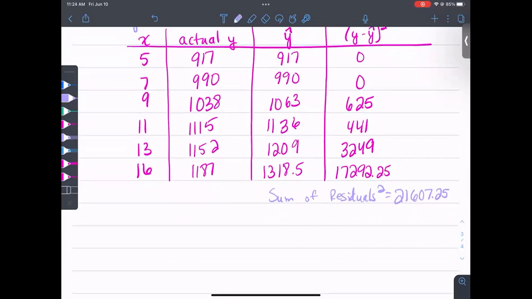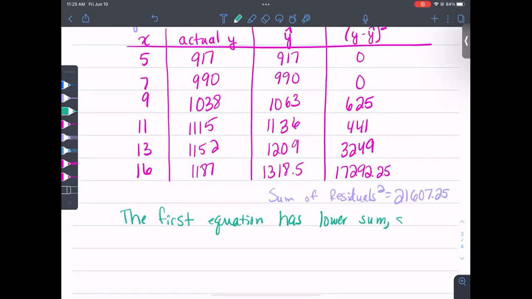So just to make a note of that, the first equation has a lower sum, so it is the better line.